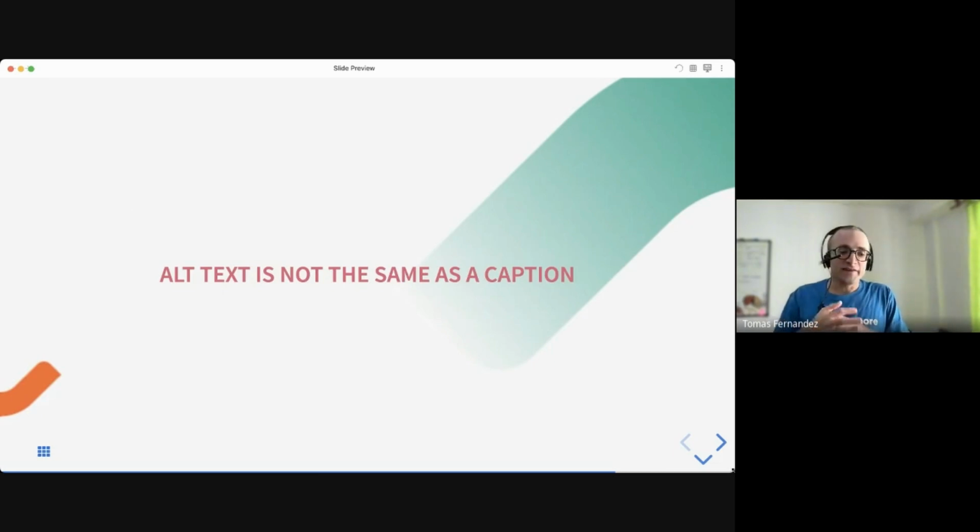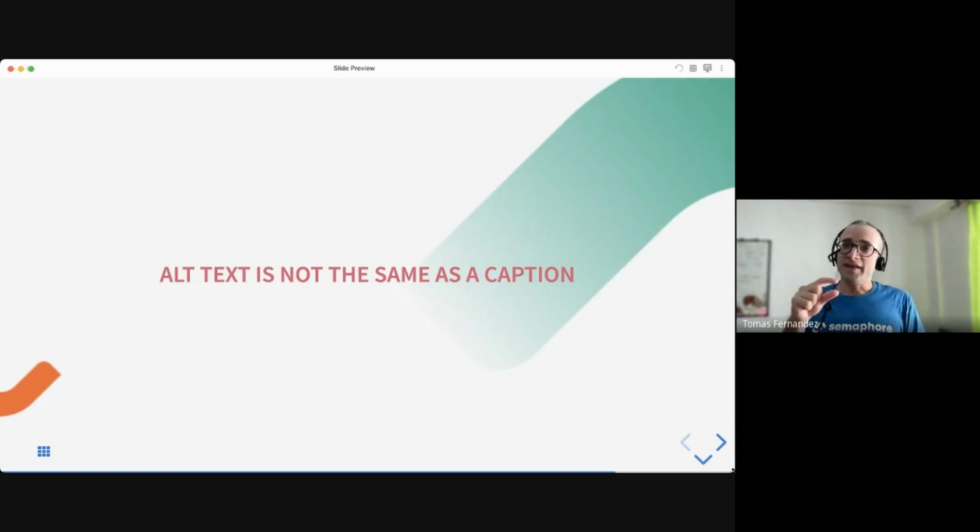One of the things that I think we normally miss when writing is that graphics have two kinds of text that can be attached to them. One is the caption, which is the subtitle, and the other is the alt text, which is the text that is used by, for example, people with visual impairments, online readers that read the description of the image.